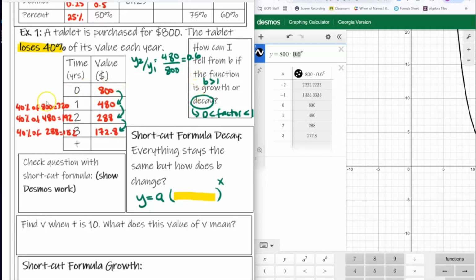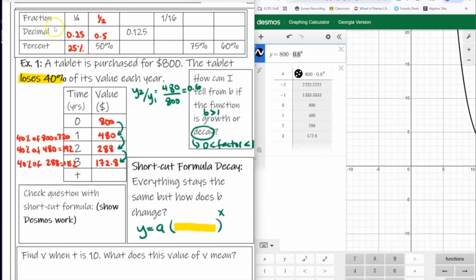All right, well, I do know from our beginning, going from a percent into a decimal, all I need to do is divide it by 100, right? So let's go ahead and do that. I have 40% divided by 100, because now it's a decimal, we can compare apples to apples. So this is going to be 0.4. Now how can I go from 0.4 to 0.6?